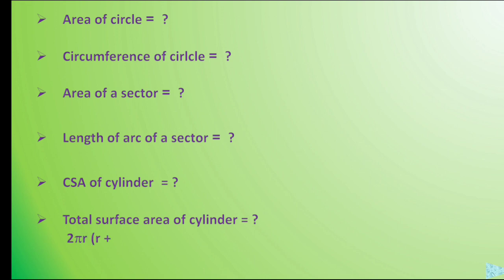It's equal to 2 pi r into r plus h. Now, volume of cylinder. Volume of cylinder is pi r square h.